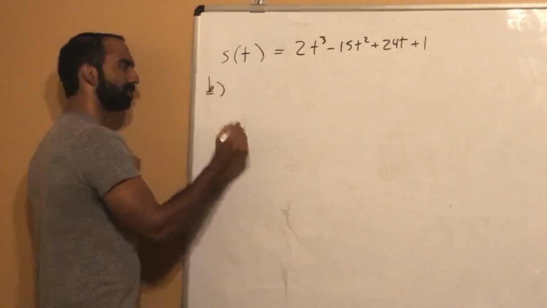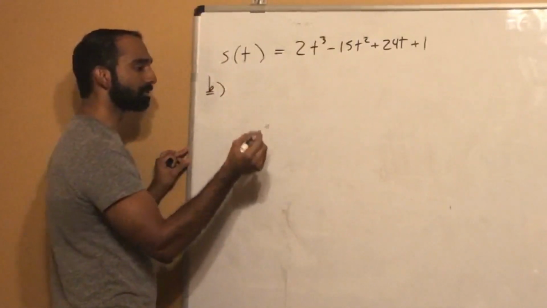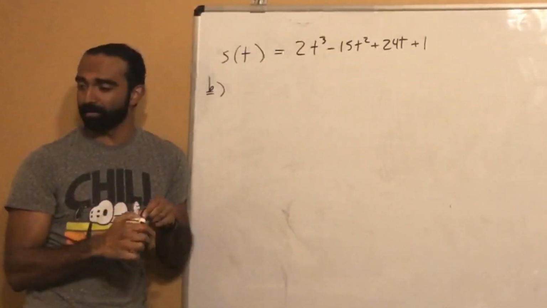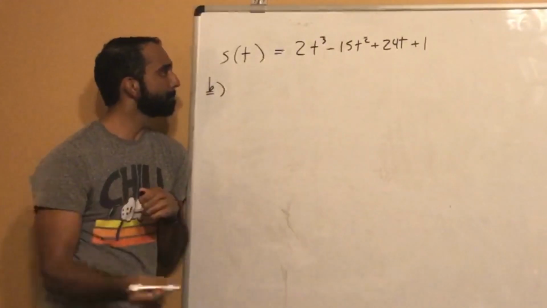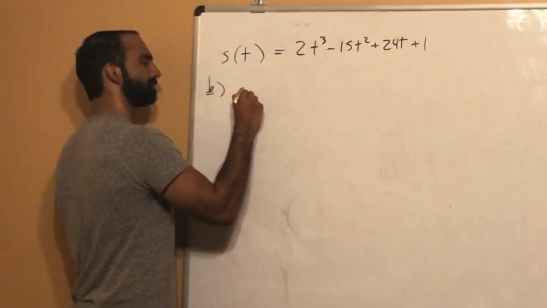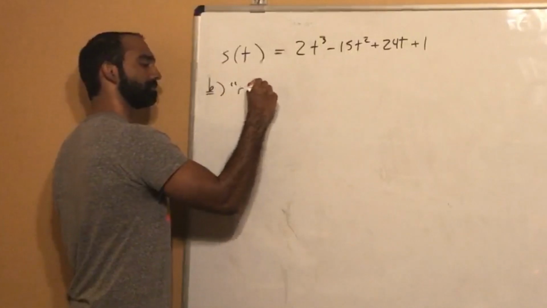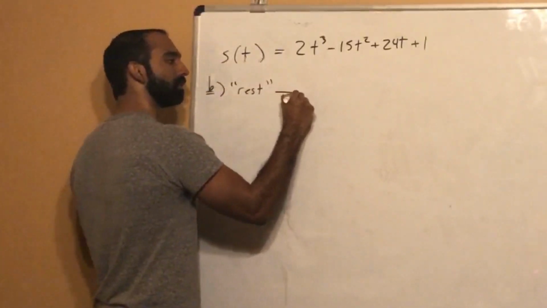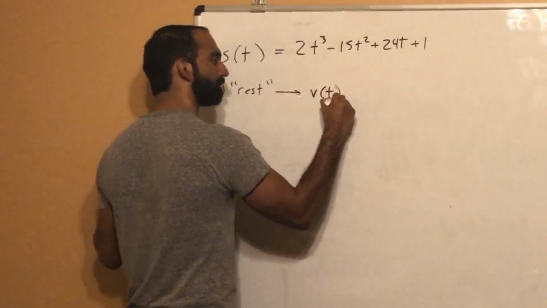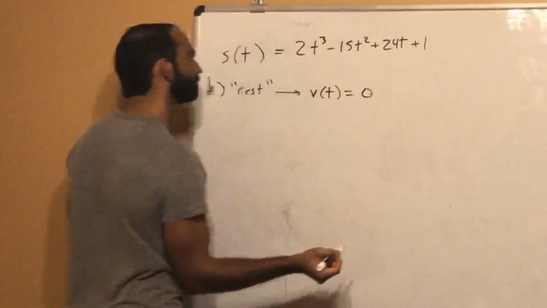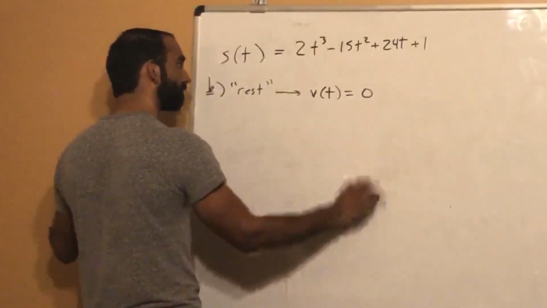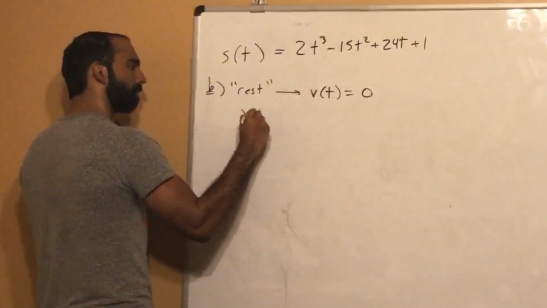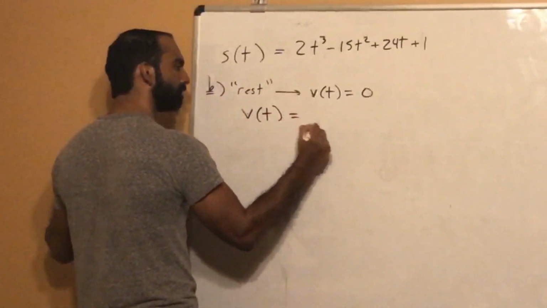When something's at rest, what information do we automatically know right off the bat? That the velocity is 0? Yes. In math and physics, anytime something is at rest, that means at that instant velocity is 0, for that one particular point in time. So what can I do to solve this problem?